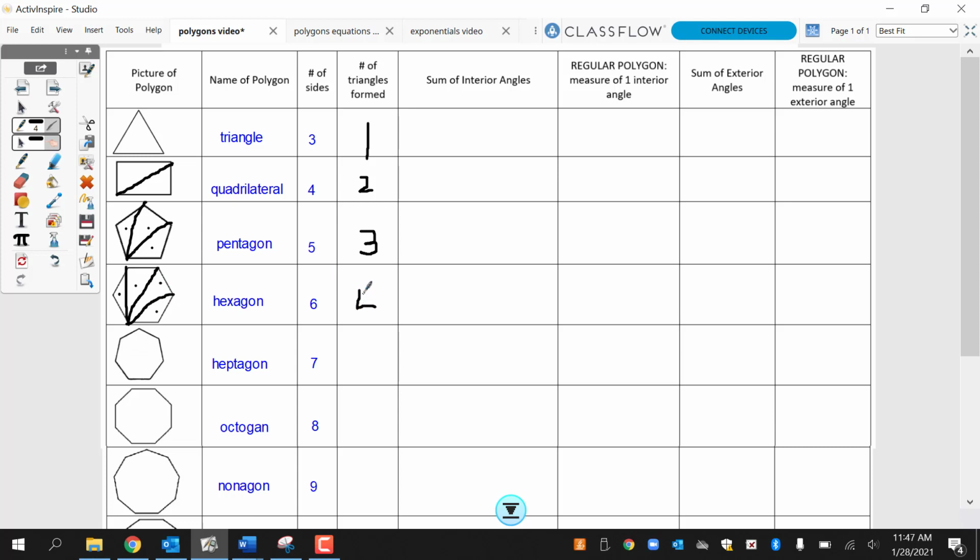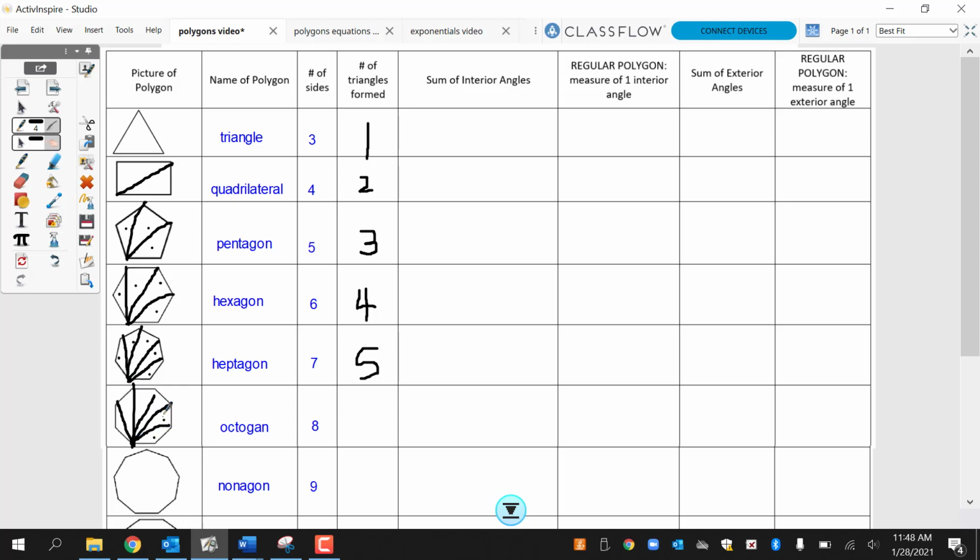Hopefully you are seeing a pattern about the relationship between the number of sides and the number of triangles. Okay, heptagon, we draw the lines to the corners. And that's 1, 2, 3, 4, 5. I bet the next one has 6. Drawing to the corners.